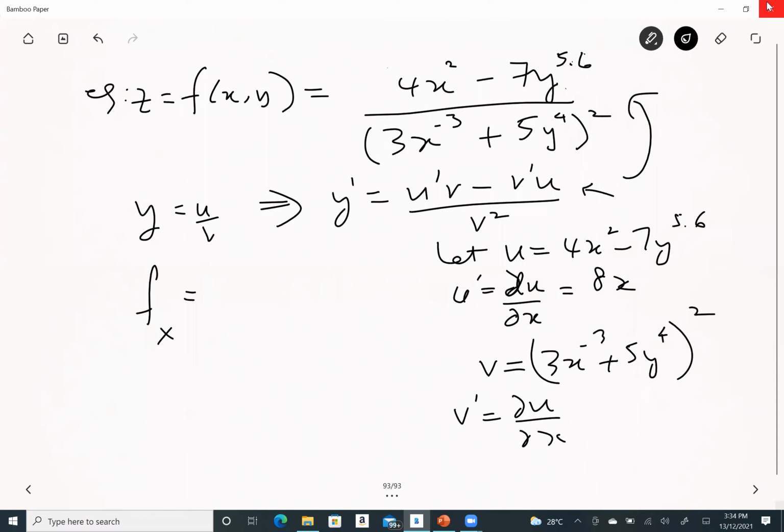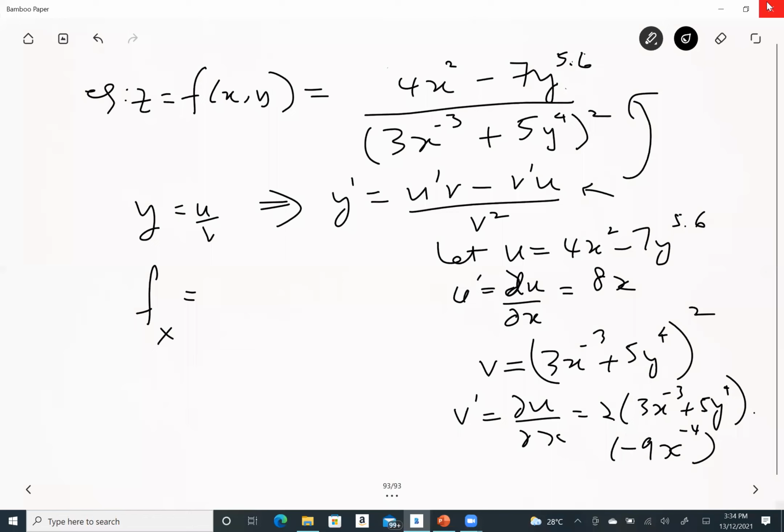So what is it? You bring down the power, multiplied by everything in the bracket, reduce the power by 1. Okay, now you multiply by the derivative of the things in the bracket. So I got negative 9x to the power of negative 4. So those are the terms that you need.